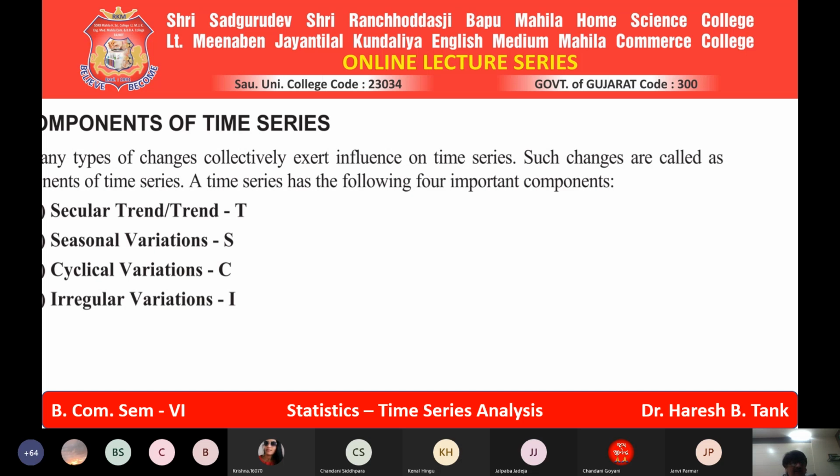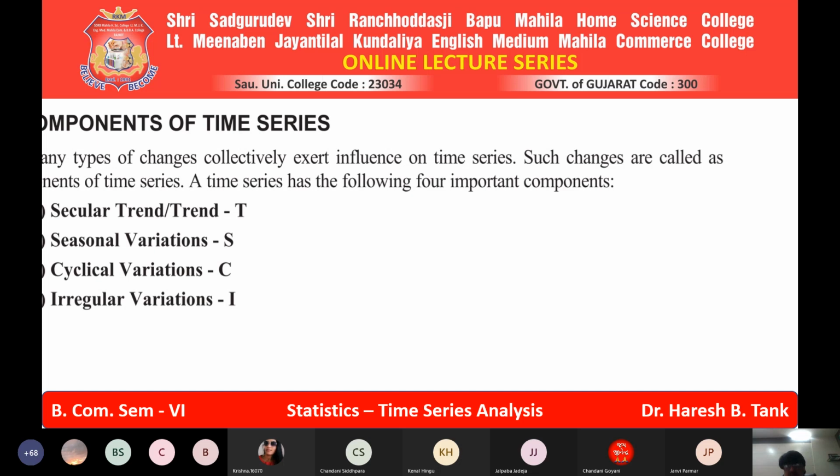Initially, this component can be divided in 2 parts. One is called long-term trend, and the other a short-term trend component. Among these long-term and short-term, naturally it is associated in terms of time. The trend observed over a long time is called the long-term component of time series.